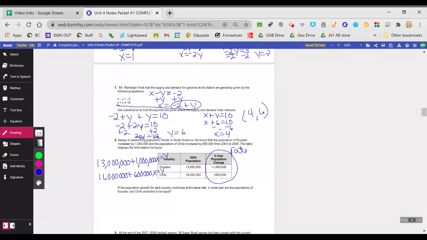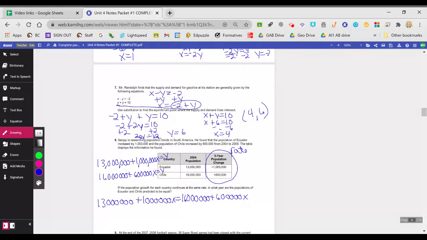So since they both equal y, I can substitute one y for the other. So I get 13 million plus 1 million x equals 16 million plus 600,000 x.